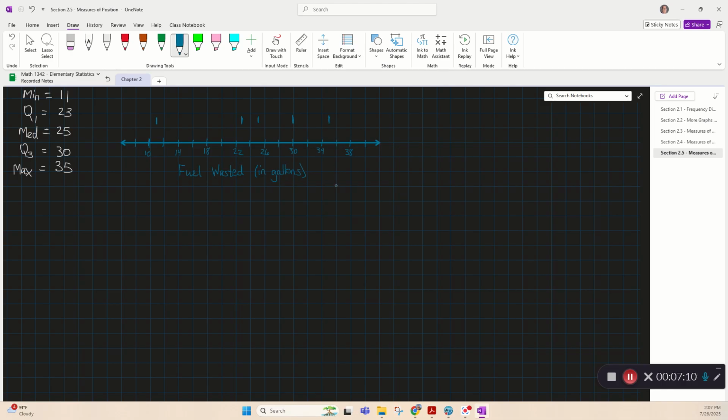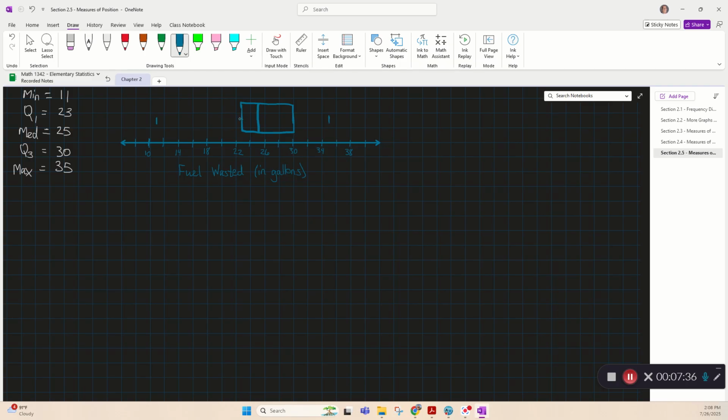Okay, so what we did was step 3, where we plotted the 5 numbers above. Step 4 tells us to make a box that connects Q1 and Q3 together. And then draw a line at the median.